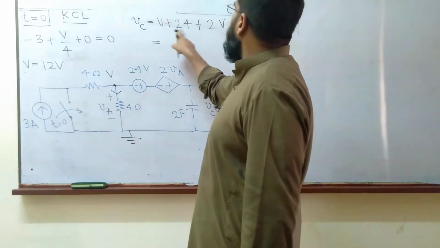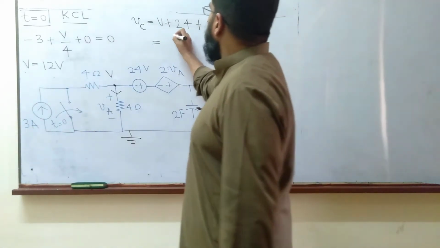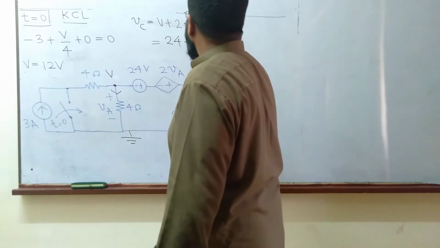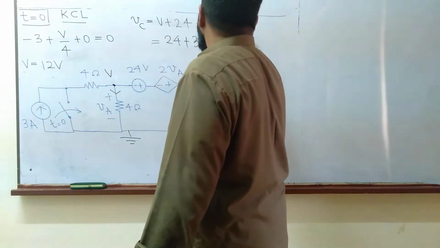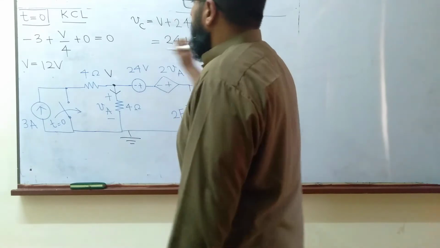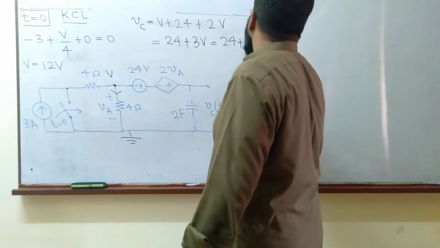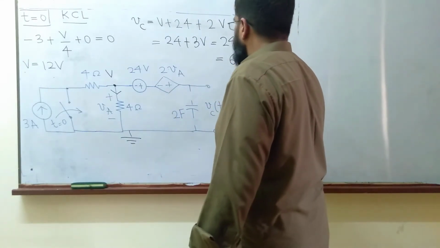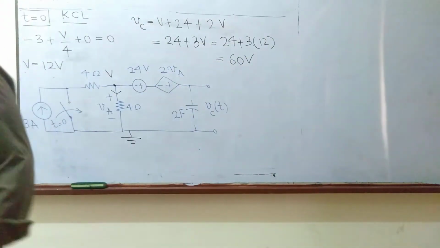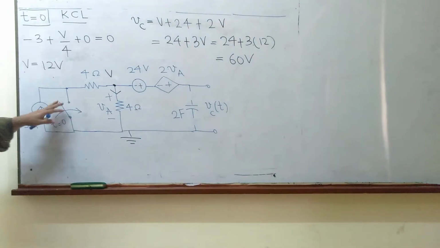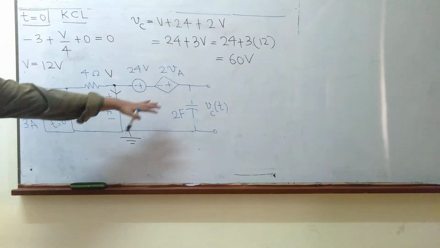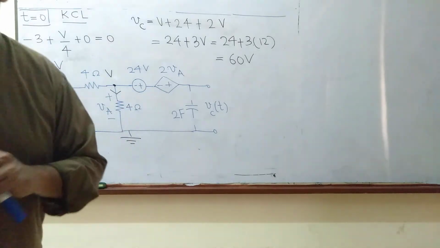So 24 plus 3V. This is 24 plus 3 times V. V is 12. 3 times 12, so it comes out to be 60 volts. So at time t is equal to 0 minus, just before we have closed the switch, this Vc is 60 volts.